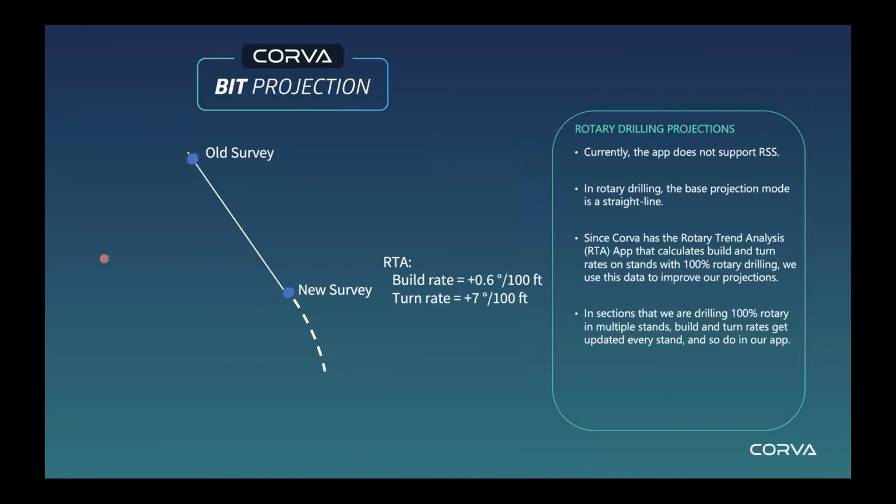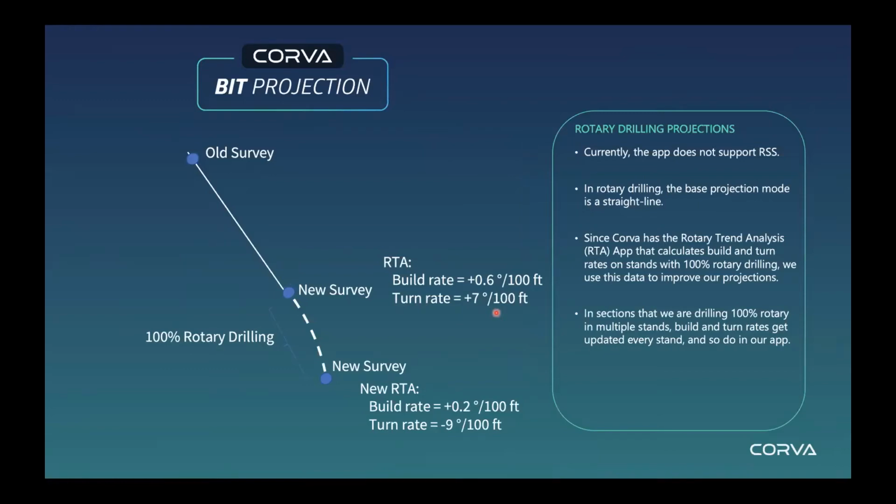Okay, so just another example. The way that this rotary trend analysis works is pretty simple, really. If we have a rotary trend that we calculated between these two survey stations, and it's 100% rotary, we'll use it.